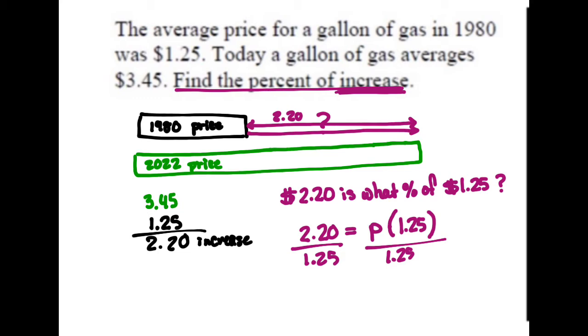So 220 divided by $1.25 is 1.76. P represents percent, right? This is a decimal. So to convert it to a percent, you have to move the decimal 2 places over. Okay, so it is 176% of an increase.